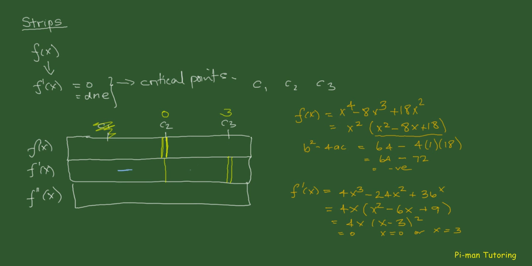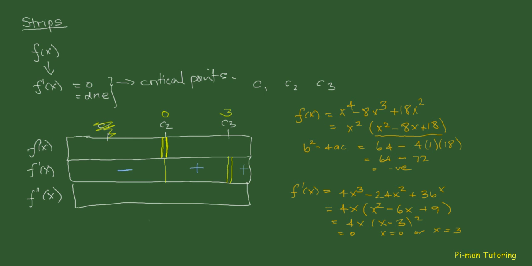If I'm between 0 and 3, so let's choose x equals 1, then I'm going to get 4 lots of 1, so that's 4, and again a squared number is always going to be positive, so this is always going to be positive. And if I'm at a number greater than 3, clearly 4 times 4 is 16, the squared is positive, so it remains positive out here.